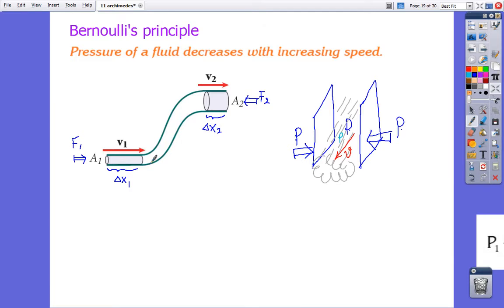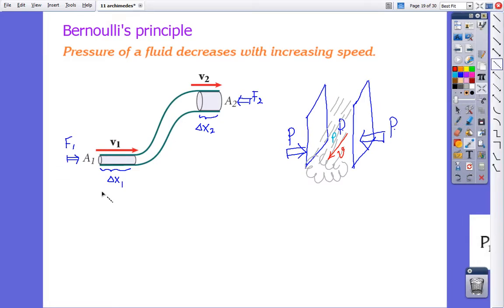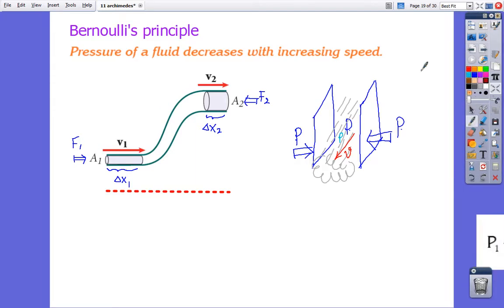So let me draw another line. For example, this pipe is located at some height from the ground. Let's say the lower pipe has height 1, and this one has height 2.